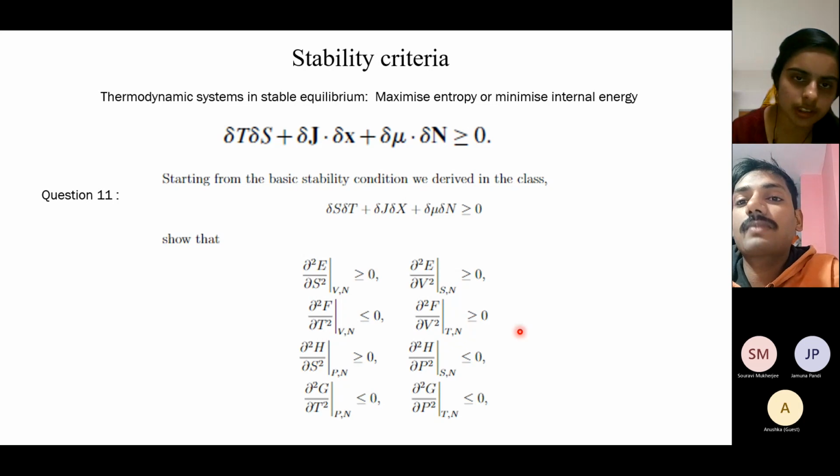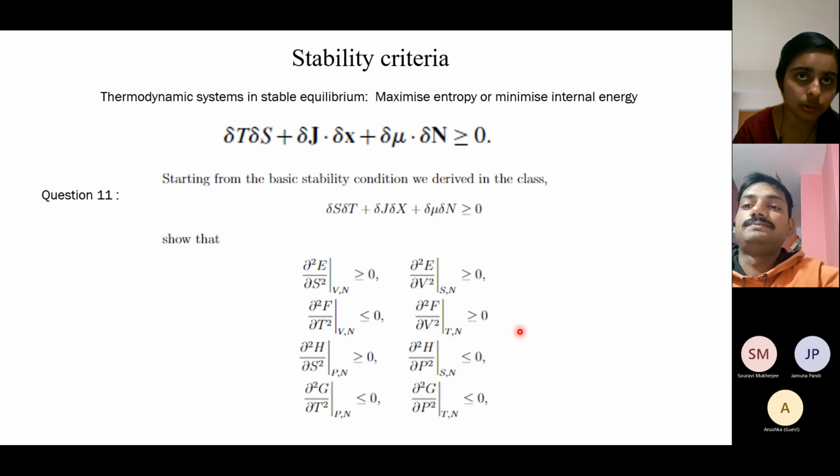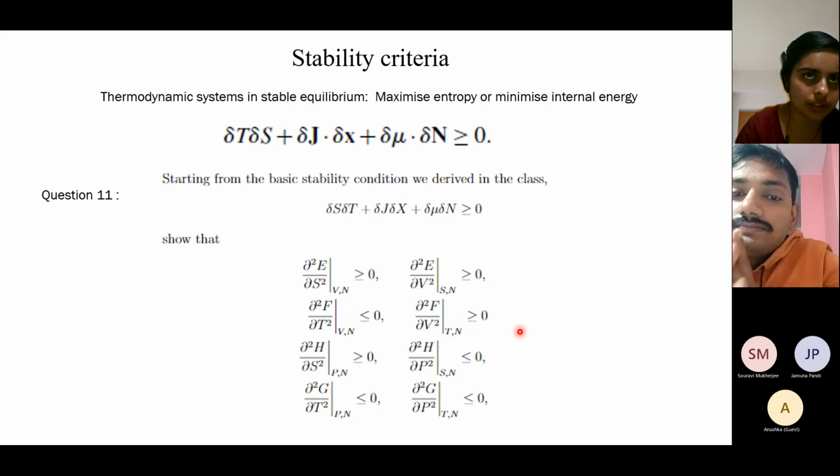Even the Maxwell's relations can be obtained from these four thermodynamic potentials just by using the criteria that they are exact differentials. So it's clear how, if you start with one thermodynamic potential, you can get to the Maxwell's relations.